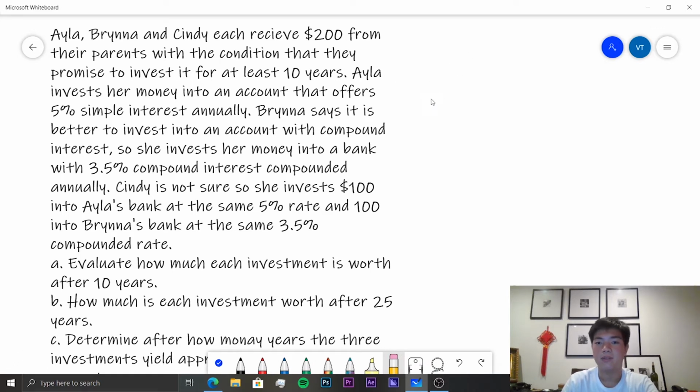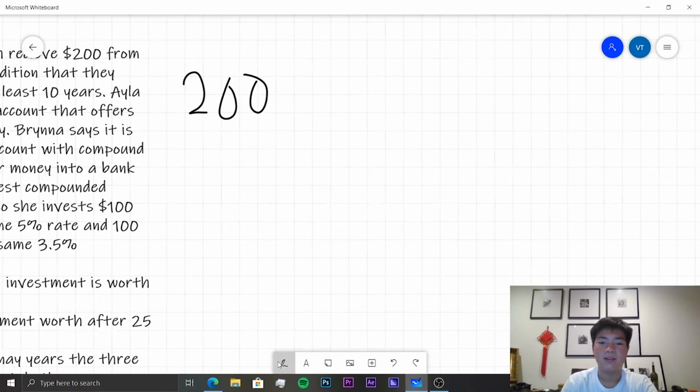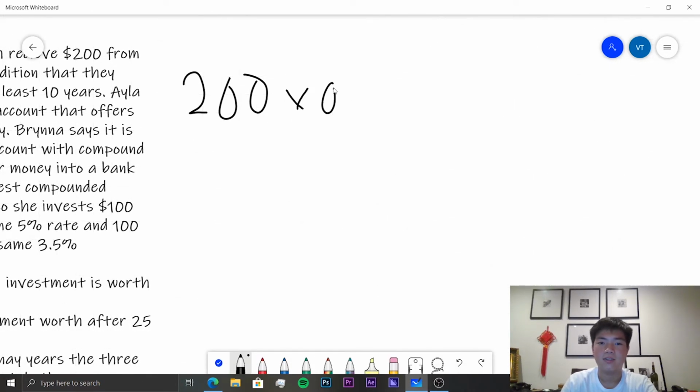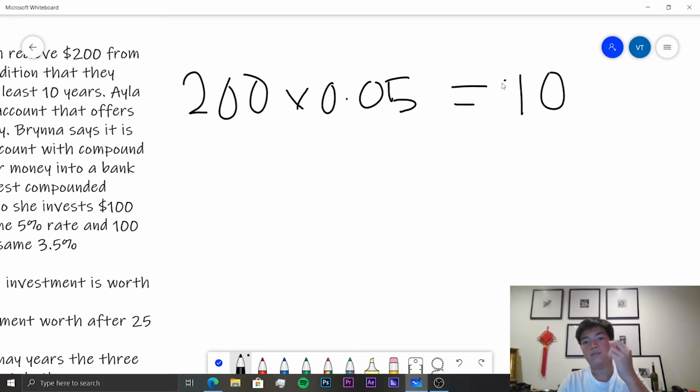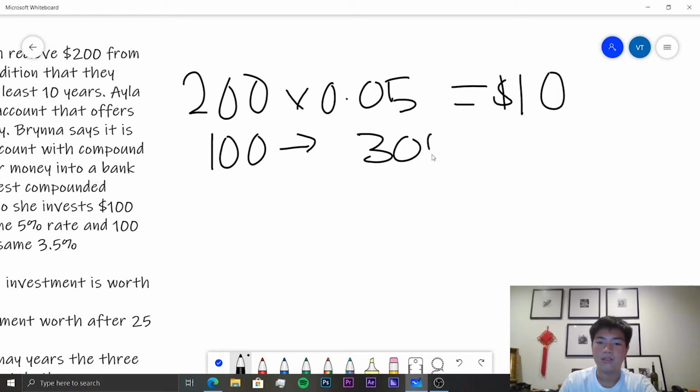Isla's is pretty simple. 200 at 5% simple interest: 200 times 0.05 is equal to $10 per year. For 10 years, that's $100. So she'll earn $300 by the end of this.